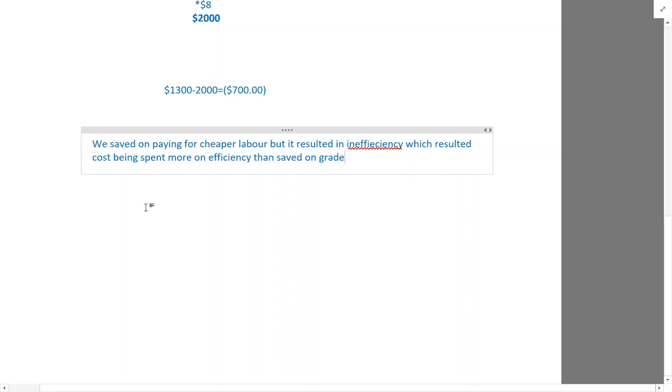Okay, means we paid for lower grade labor, so we thought well, it wastes a lot of time. Okay, that time costs us a lot of money.